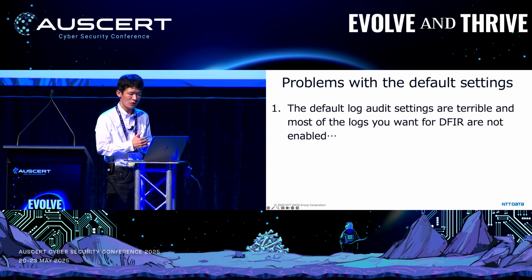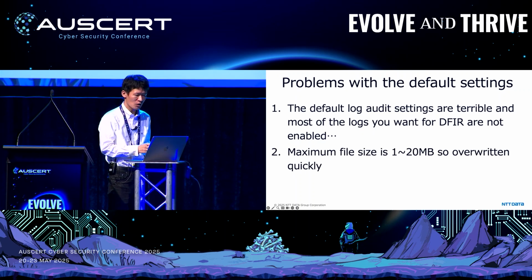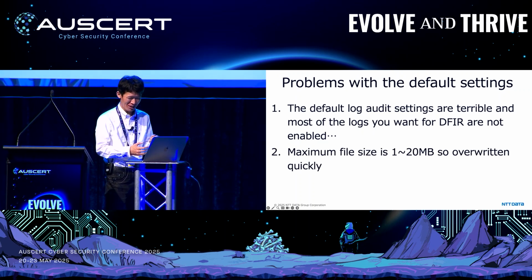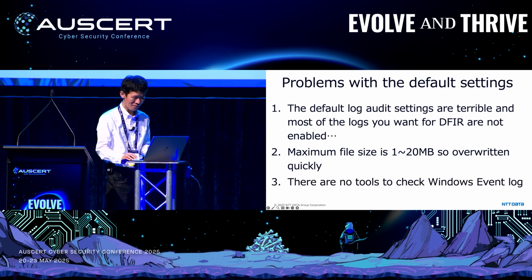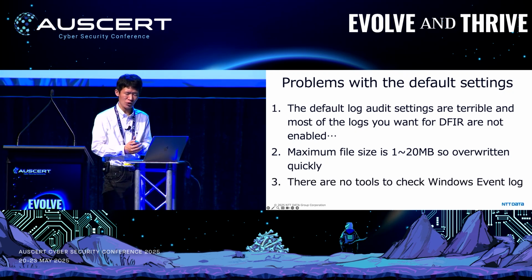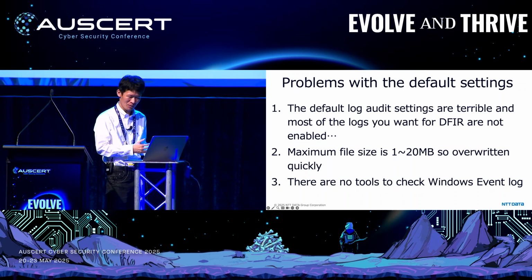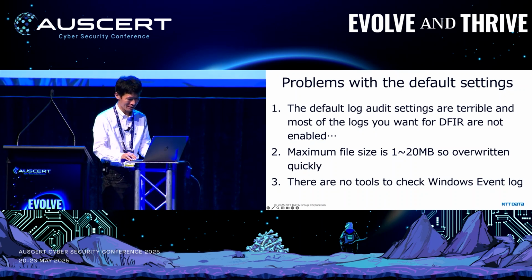The first is the default log audit settings are terrible, and most of the logs you want for DFIR are not enabled. The maximum file size is 1 to 20 megabytes, so logs are overwritten quickly. There are no tools to check Windows event log audit settings from the perspective of DFIR.